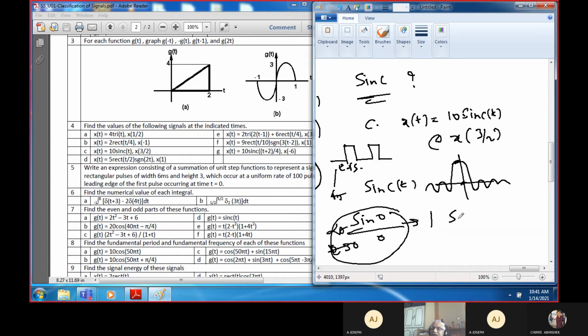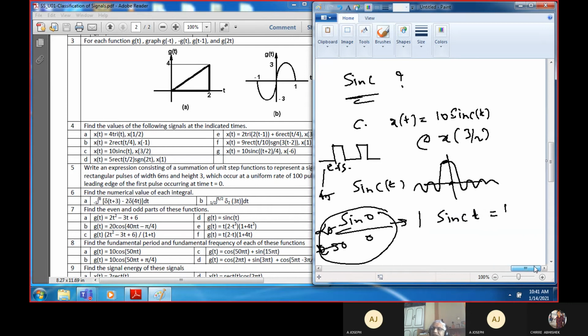So one clear-cut answer: sinc of t is equal to 1 at t equal to 0. Simple. Okay. Now, what is it equal to at other values, at t not equal to 0?